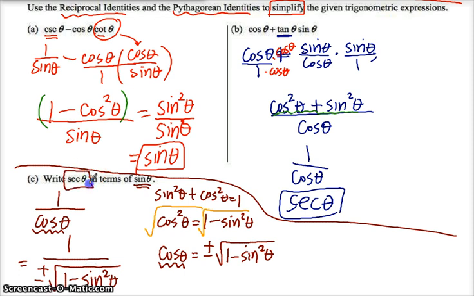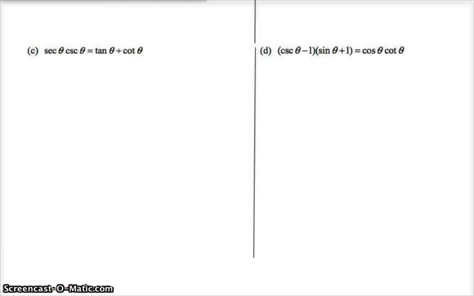So that is how you would write secant in terms of sine. Secant of theta equals 1 over plus or minus the square root of 1 minus sine squared theta. So in your calculator, whatever this angle is, if you wanted to make these two things equivalent, you'd have to do this. Okay, moving on.